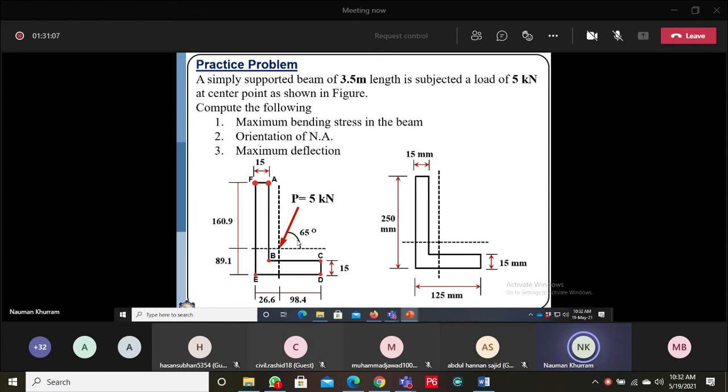The only difference is that the load is not acting along the y centroidal axis, rather it is acting at an angle of 65 degrees from the x centroidal axis. So the concept will be the same. You need to determine the orientation of the principal axis first, then you need to transform the load into load along the principal axis.